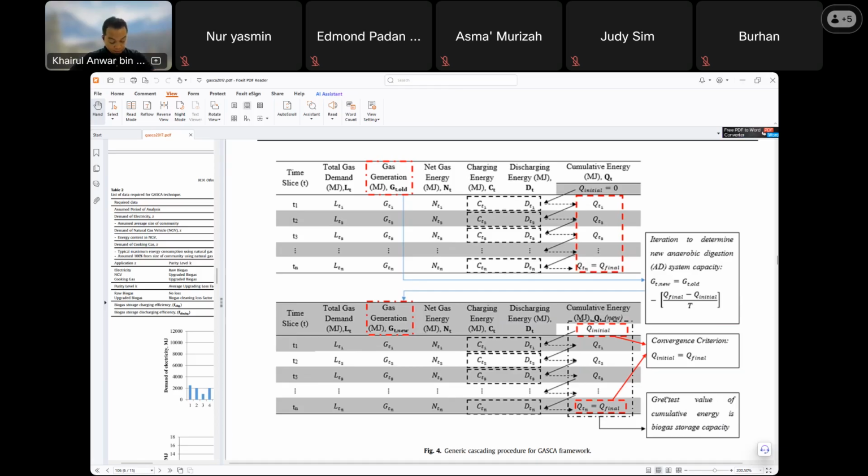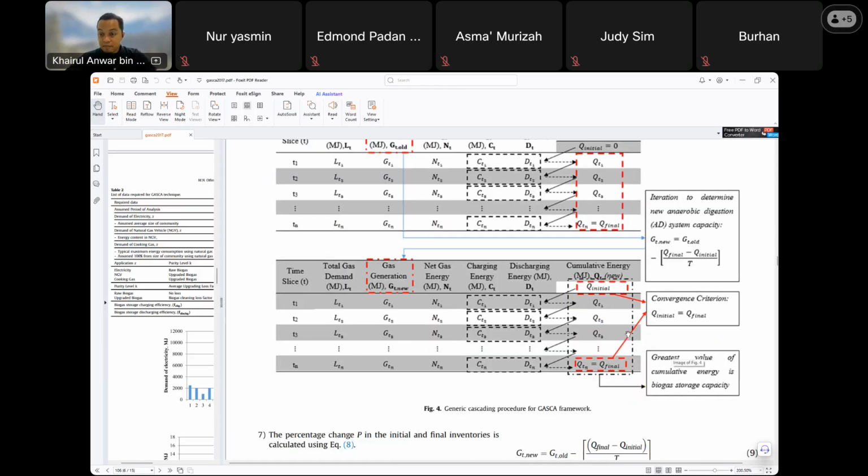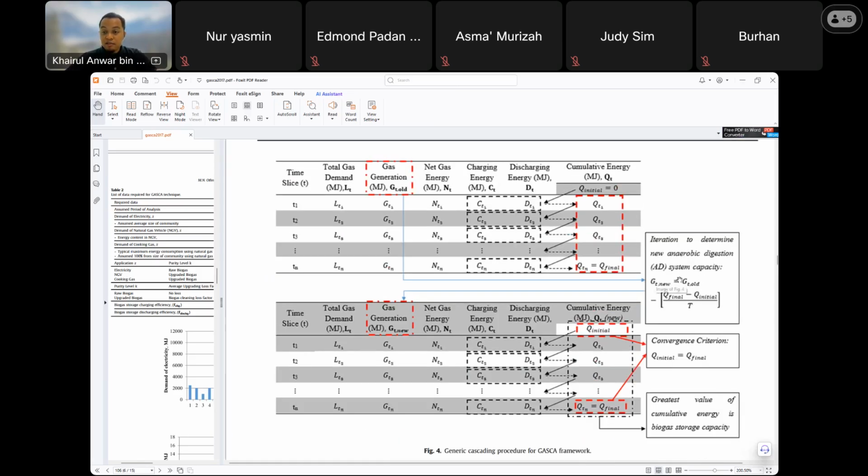The next one is the cascading. So in order to calculate the GT new here, because for the gas generation GT we don't know the actual value, normally for this paper they just choose one reasonable value, 5,400.